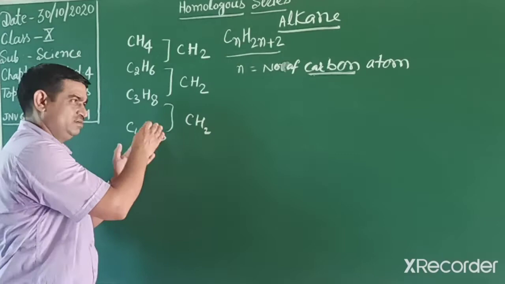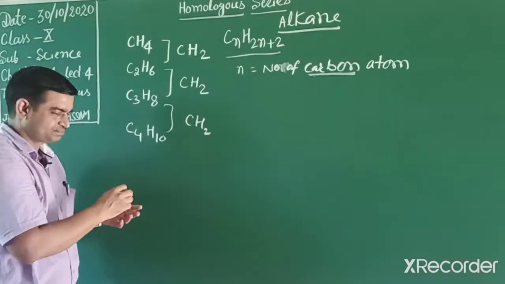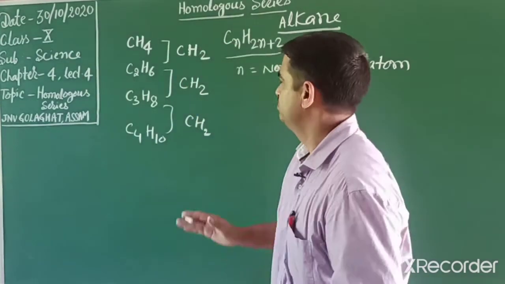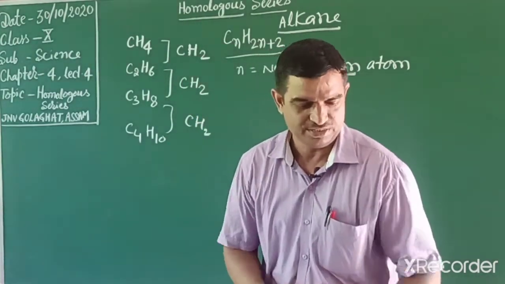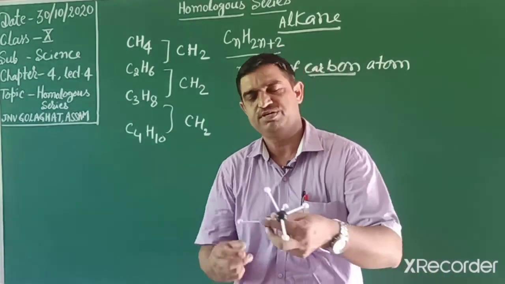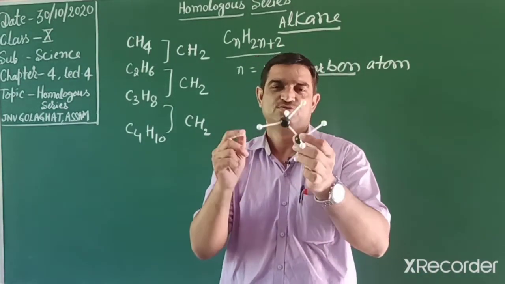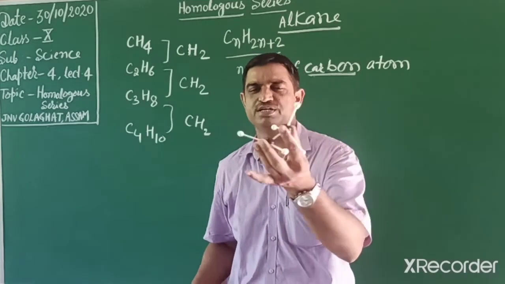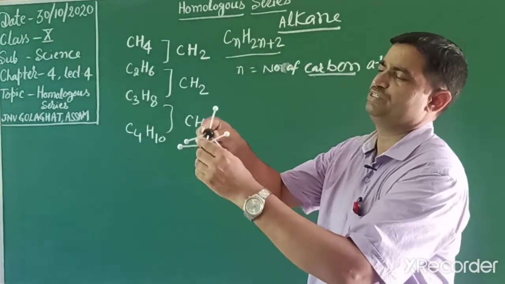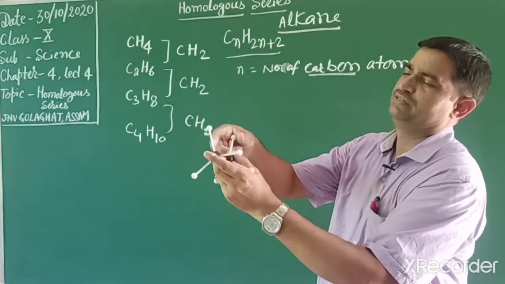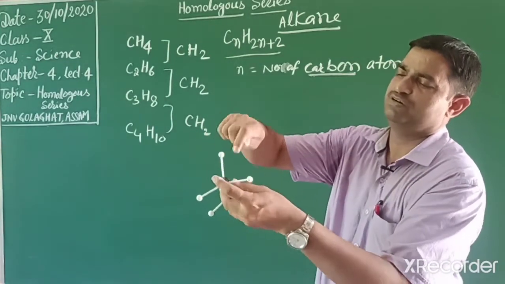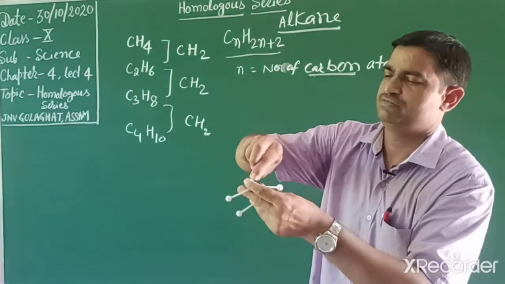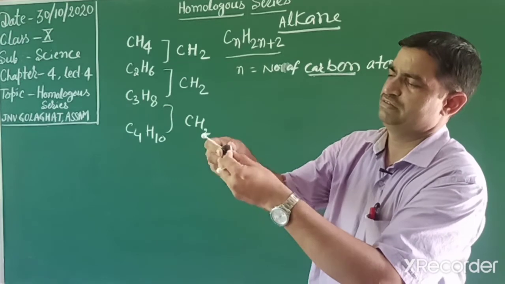Students, if we make a double bond or triple bond also, then the molecular formula is slightly different. What do we have to do to make a double bond? We have to remove any 2 hydrogen. Why? Because carbon valency is 4, and after I remove 2 hydrogen, it can make a double bond like this.